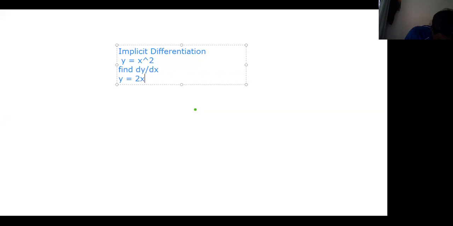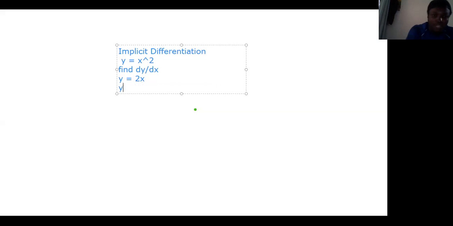Now, there are some functions that may not be given directly or explicitly. For instance, if you are given x squared y minus 3x is equal to 2, or y raised to the power 4 is equal to 5x squared y, then initially we were just given y is equal to a certain variable, where we know that variable should be x or should have x in it.